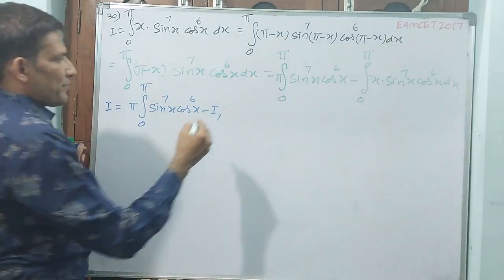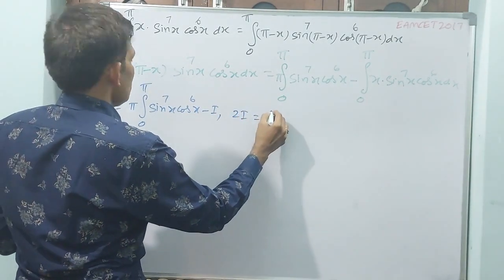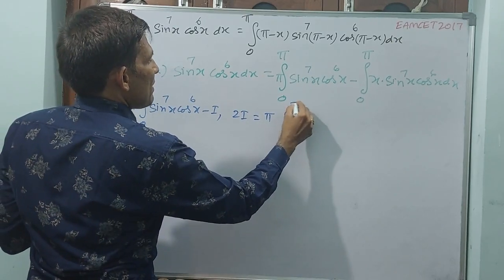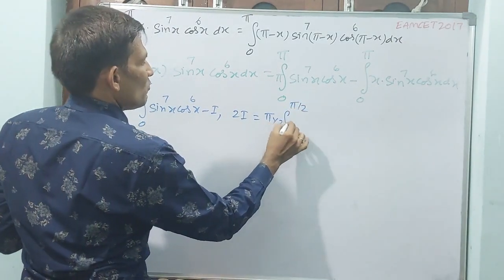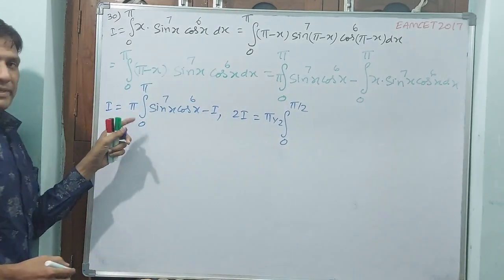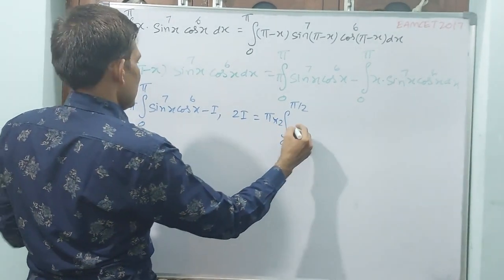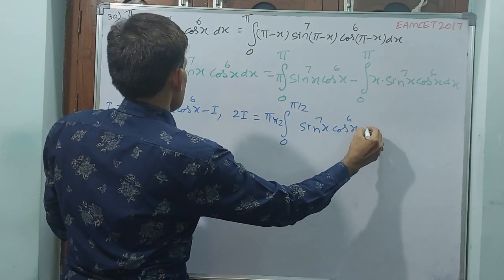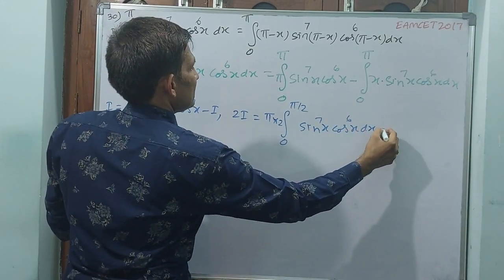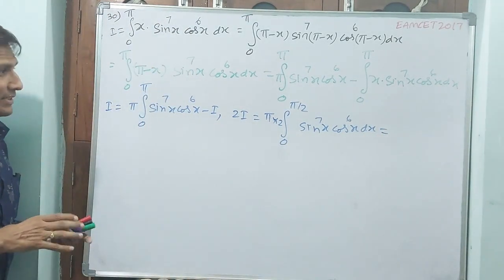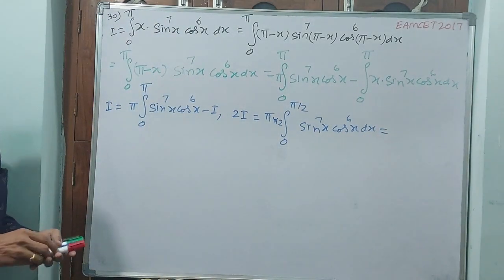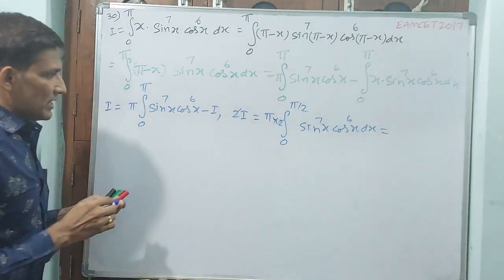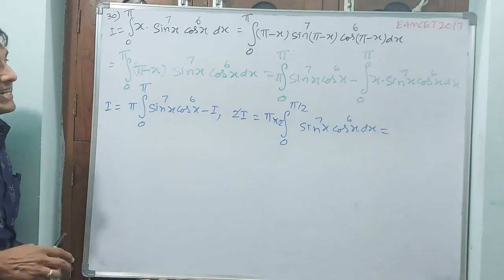Set this side, 2i. 2i is equal to pi times integral 0 to pi by 2, this time I am writing into 2. 50% I have reduced and 2 times I am making. Then sine to the power of 7x, cos to the power of 6x dx is equal to. Okay? Now see what I am doing here. See this 2 is going to get cancelled out, then I only will be there, I is equal to pi times.